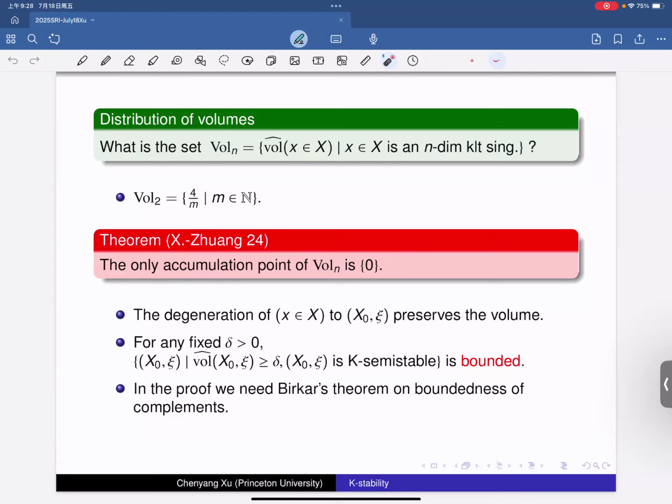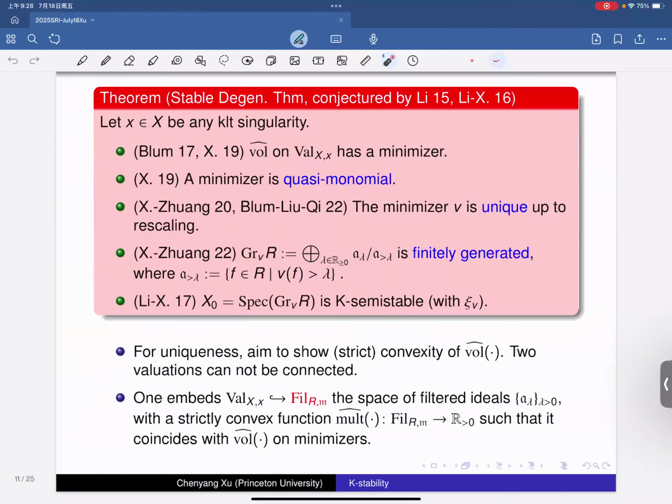So starting from any singularity X, I can degenerate to the Spec, X0. Let me remind you, X0 is the Spec of this ring. So for any X, I can degenerate to this X0 using the stable degeneration theorem, and this process preserves the volume. In other words, if I want to look at the volume of a general arbitrary singularity, it's enough to look at the volumes of this type of singularities, because this process preserves the volume.